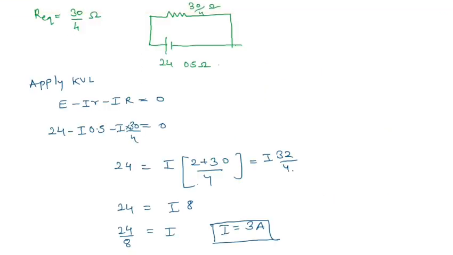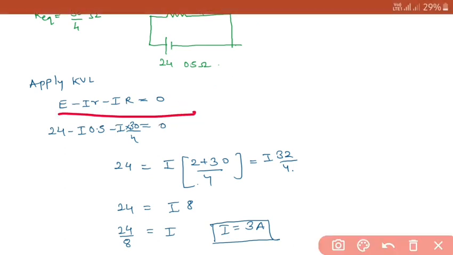Now simplifying our circuit, 30 upon 4 ohms is connected to our 24 volt supply, which has 0.5 ohm internal resistance. Applying KVL, E minus Ir minus IR is equal to 0. We have already discussed this equation. Using the battery voltage, that is 24 minus I into internal resistance 0.5 ohm minus I into 30 upon 4.